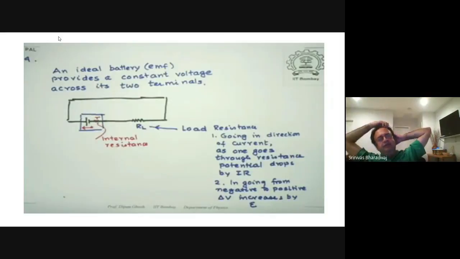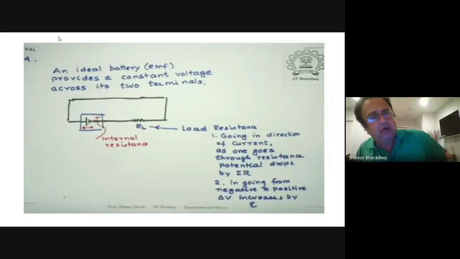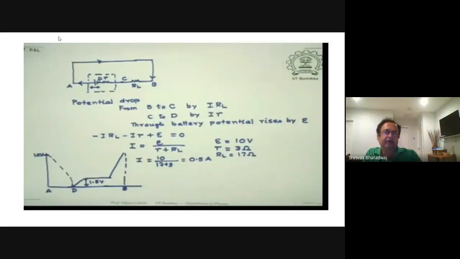So this is the power that it delivers to an external load. Internally, there is some power expended by the battery whenever there is current, and that is taken up by the internal resistance. So remember that. When you calculate power in such situations, you have to take that into account.